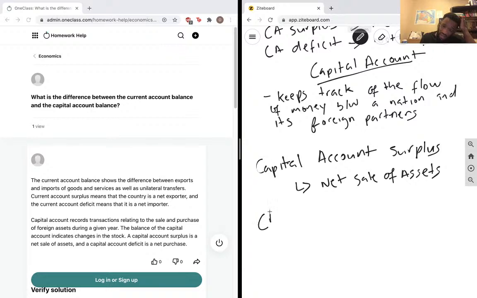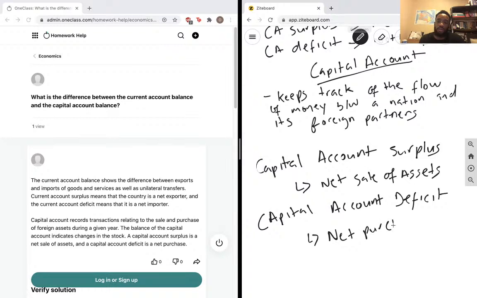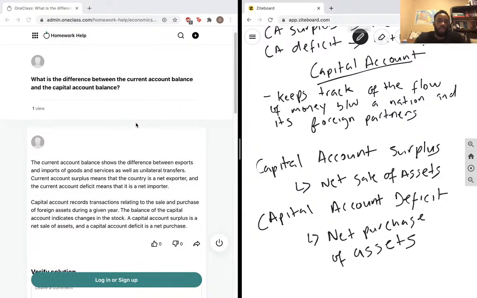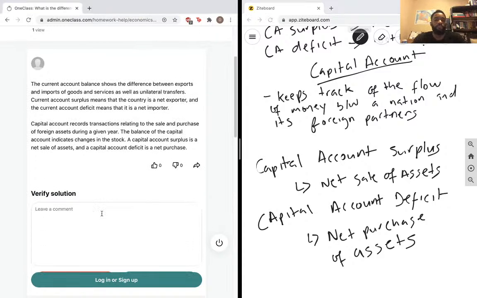And when there is a capital account deficit, it's not a net loss, but it's a net purchase of assets. So that explains current account and the capital account balance. So this is correct.